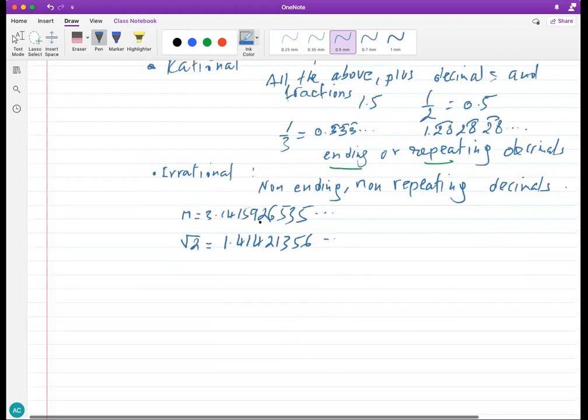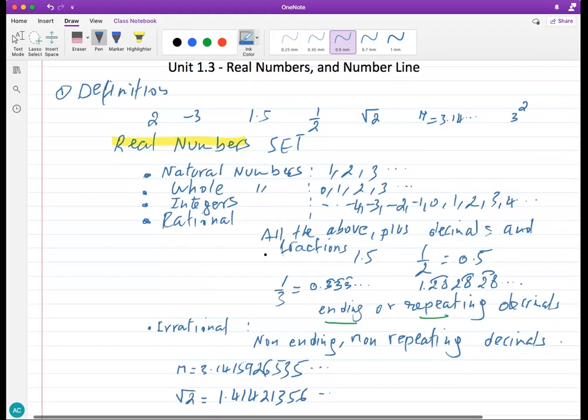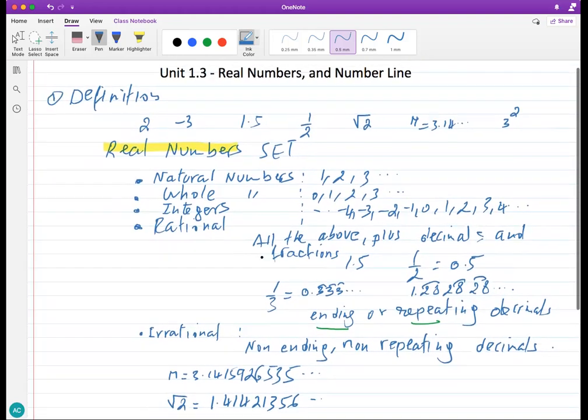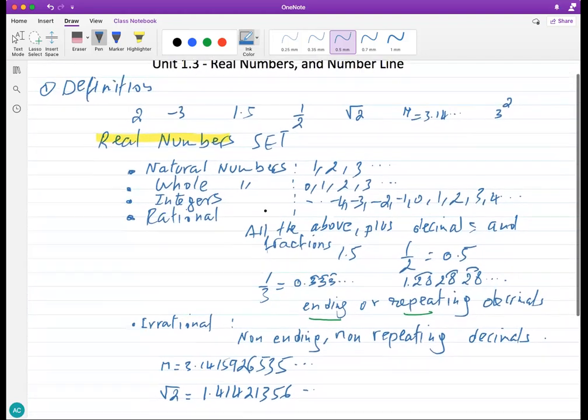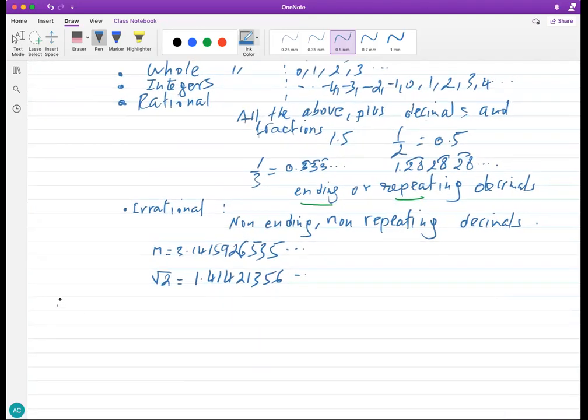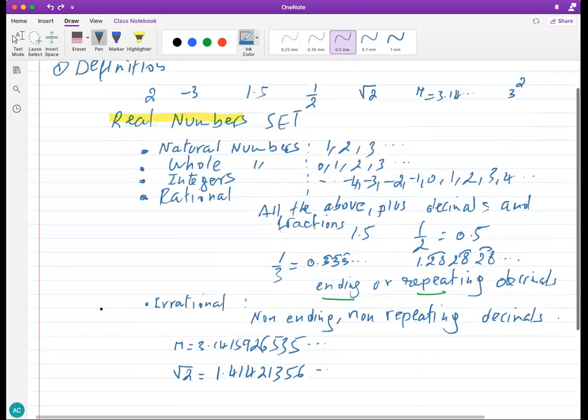It involves more numbers and more properties. So this algebra class will be about real numbers, and any of these forms here: decimals, negatives, fractions, and so on.